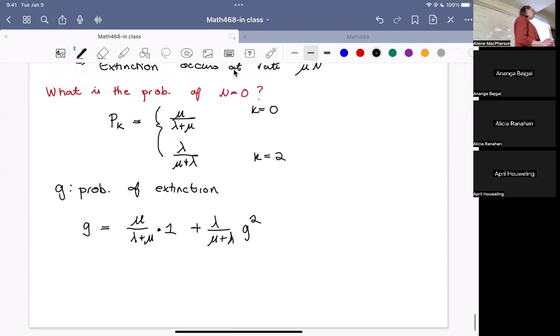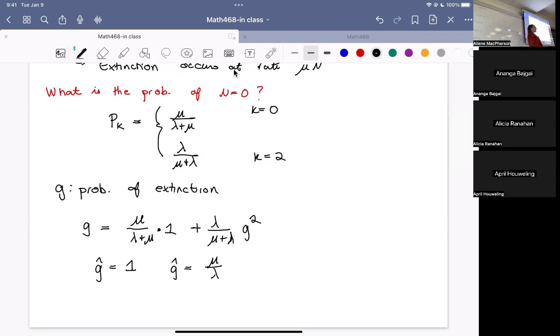This is simply a quadratic equation. We could solve this quadratic equation and we would get 2 different solutions. We would get G hat equal to 1 and G hat equal to mu over lambda.